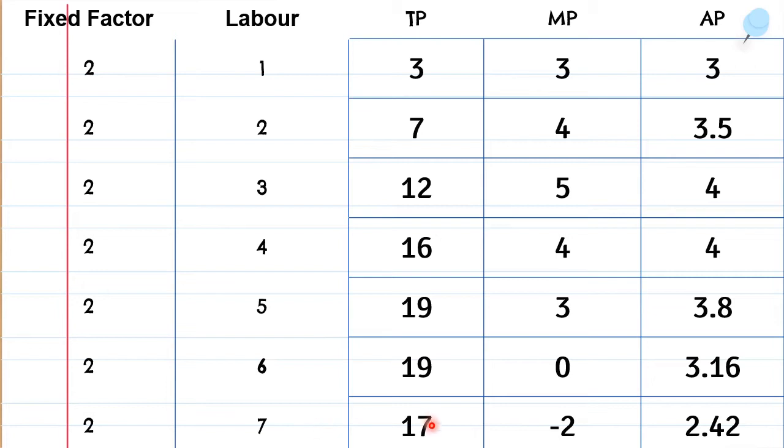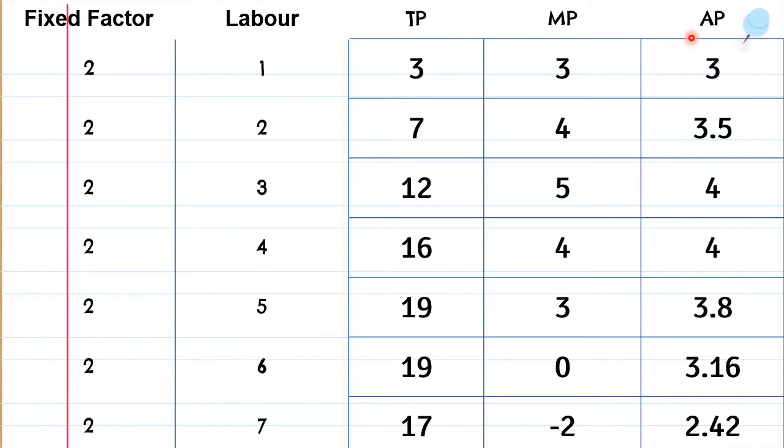Then further, when the 7th laborer, unskilled laborer, is added, we see that total product actually declines from 19 to 17. So total product at the 7th unit of the variable factor minus total product at the 6th unit of the variable factor is negative 2. 17 minus 19, and we take the sign of the bigger number, which is 19 in this case.